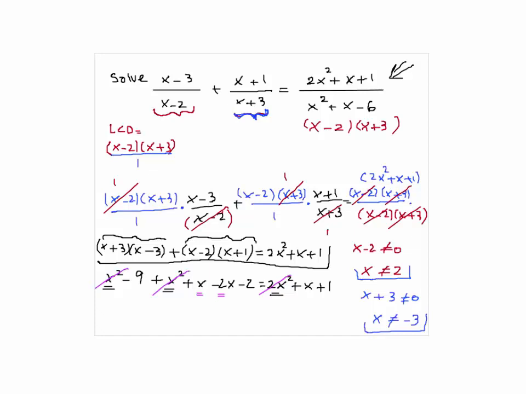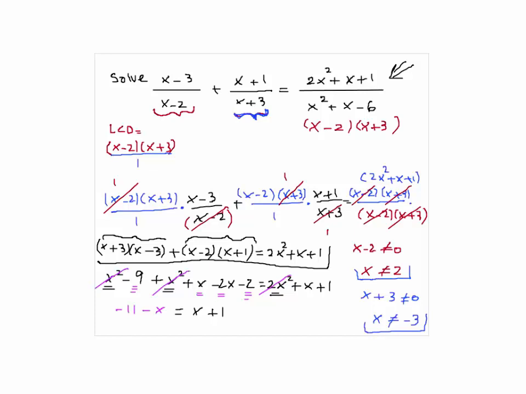So minus x here. You have negative 9 minus 2 would be minus 11. The right hand side you get x plus 1.